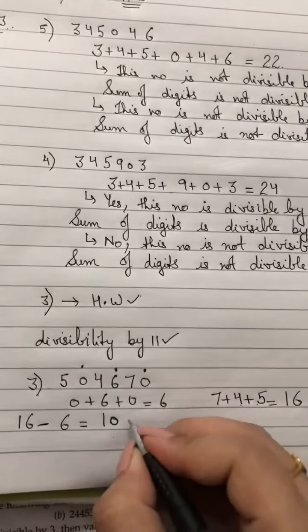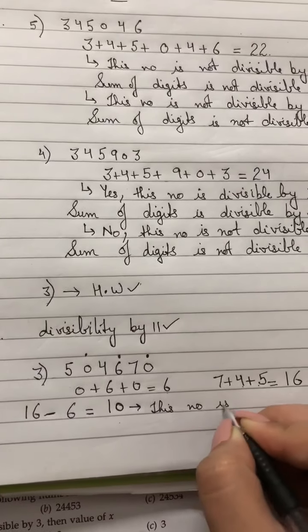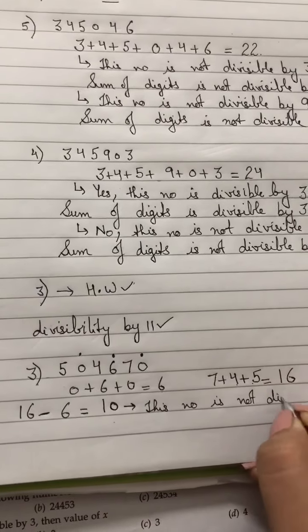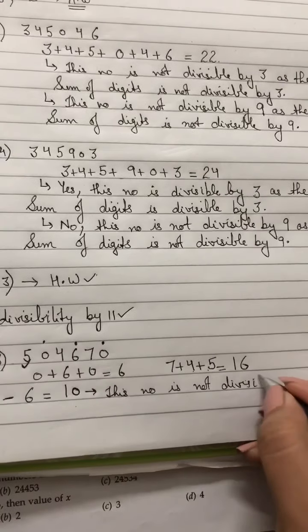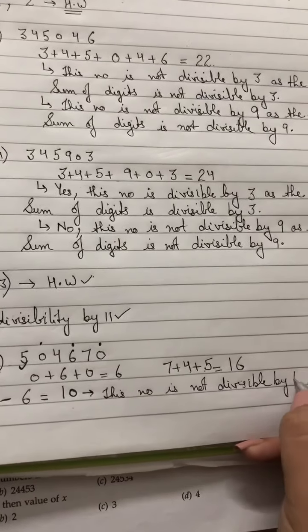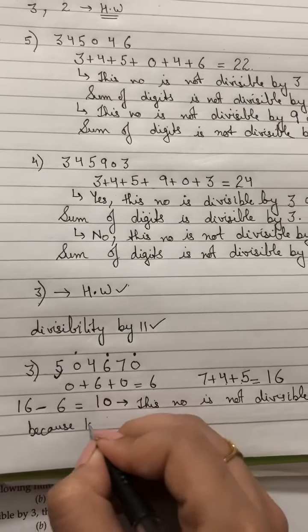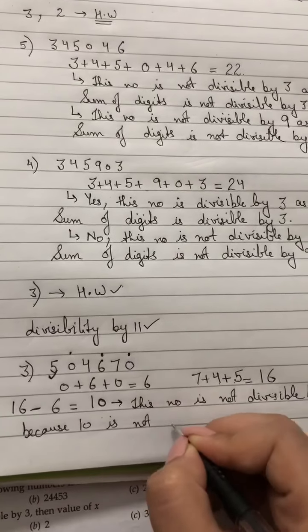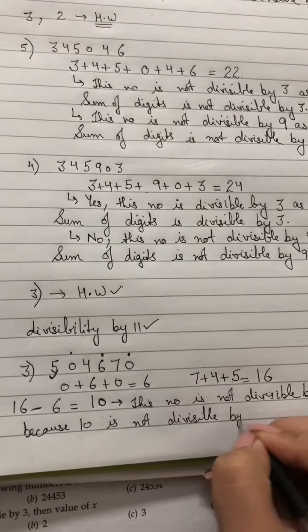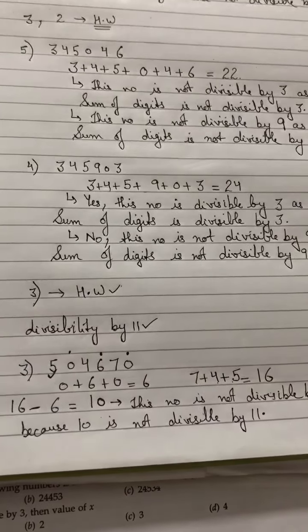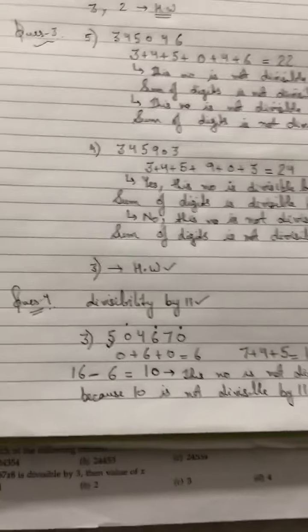So you will write this number is not divisible by 11 because 10 is not divisible by 11. That's it. Okay, I hope I am clear with all these 4 questions of exercise 5.3.